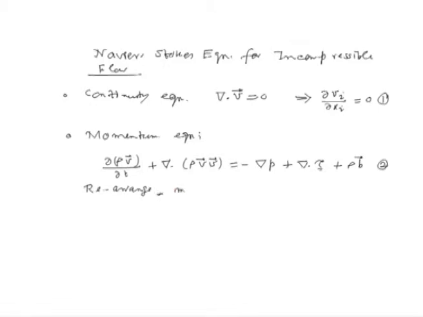So, rearranging the momentum equation, we can write this as gradient of P is equal to minus del of rho V over del t, minus divergence of rho V V, and the remaining terms.